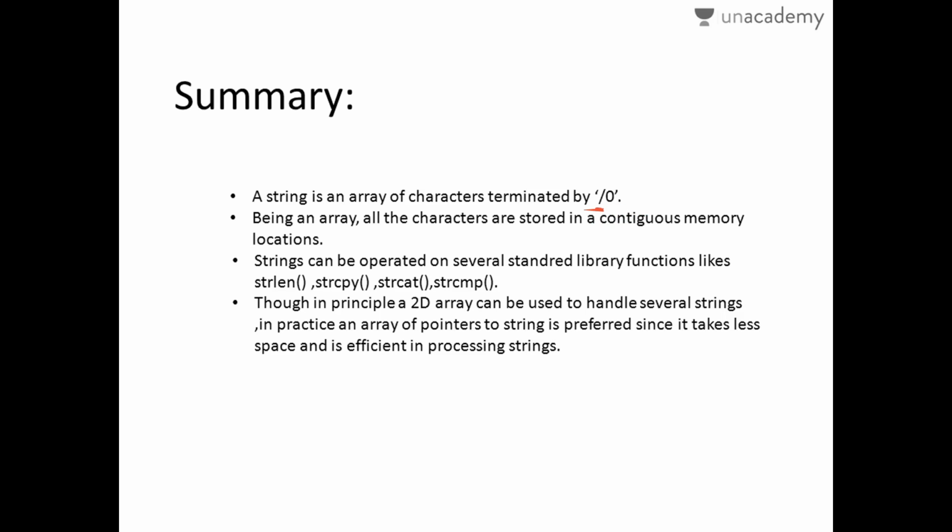And one more thing is, as we learned in the previous chapter, an array can store continuous memory locations, and we have discussed library functions for finding length, for copying strings, for concatenating, and for comparing. Though a 2D array can handle several strings, here it is preferred to do it with the help of pointers, because it also reduces the space that we use and gives an effective way of processing strings.